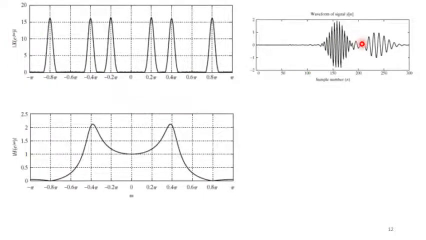Thus the output signal will contain the values for the two frequency components, that is 0.2 pi and 0.4 pi. The component around 0.2 pi frequency will be amplified with a value of almost 1 or slightly greater than 1, but in the case of 0.4 pi it will be amplified 2 times.